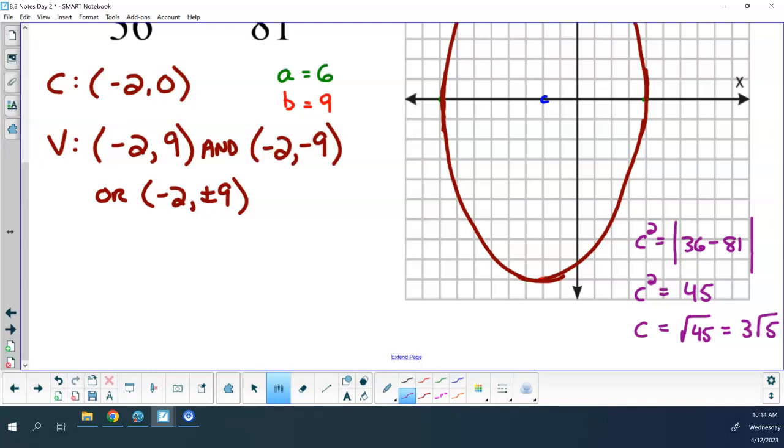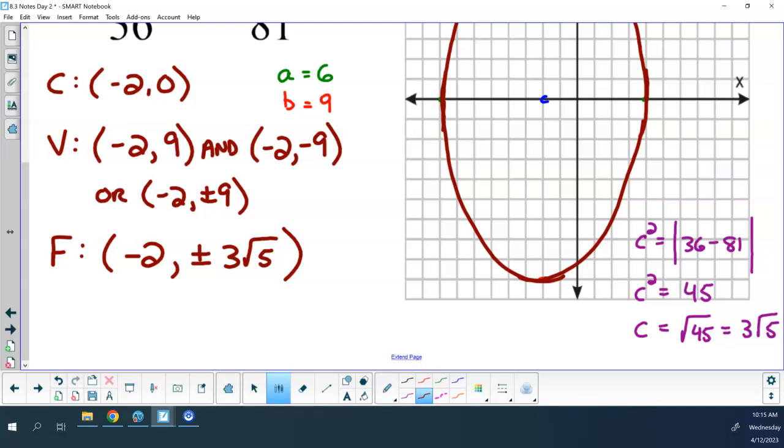So, major axis is vertical or horizontal? It's vertical, so that means I'm going to add and subtract from the y part. Now, really, it should be 0 plus or minus 3 square roots of 5. But 0 plus anything is still whatever that is.